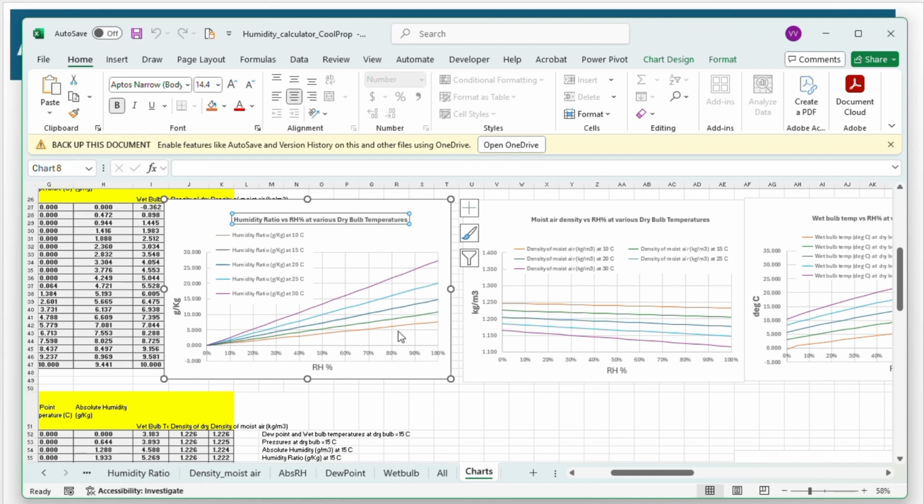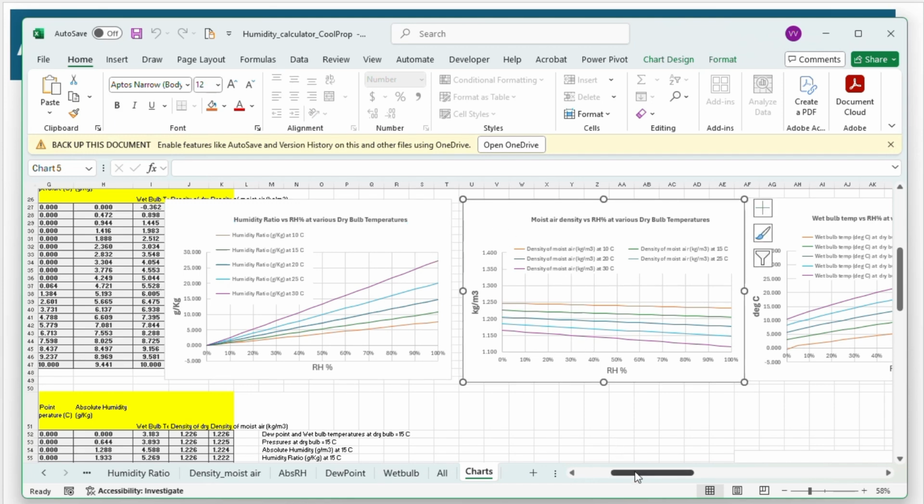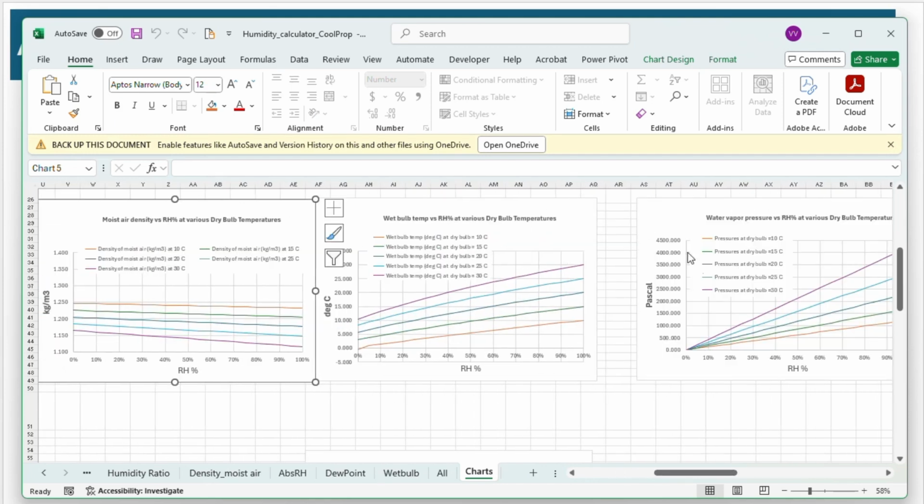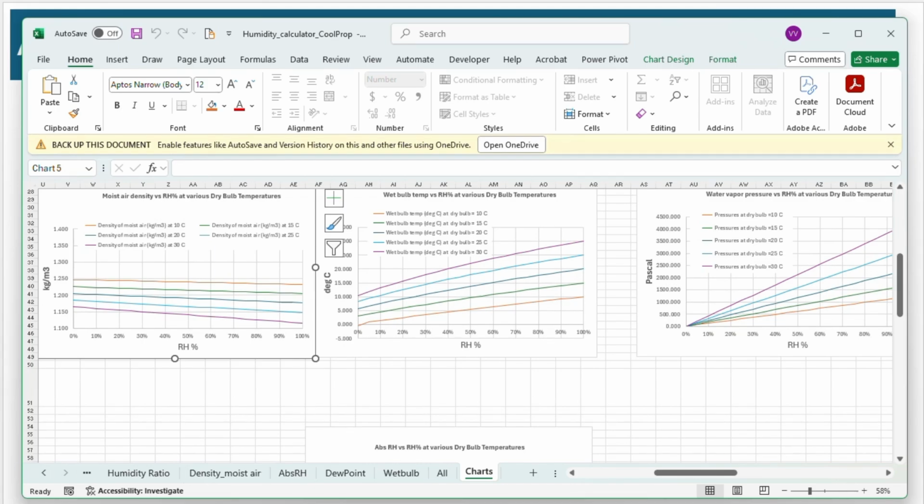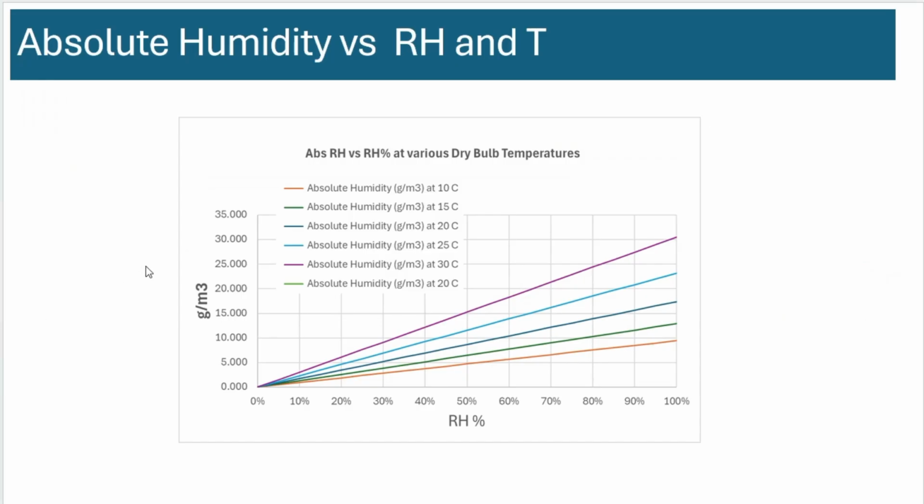Now, what happens when the temperature also increases? When the temperature increases, the rate of increase is even higher. A lot of those relationships are plotted in here, and they're also presented in the lecture material. You could use those to develop an understanding of how different parameters vary.